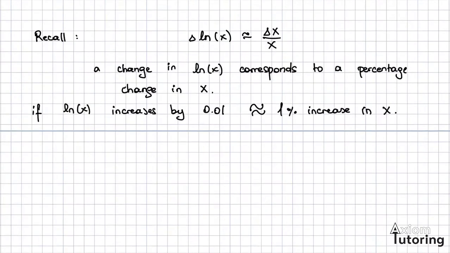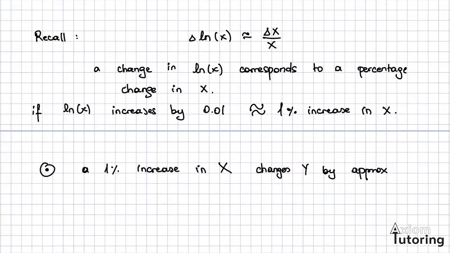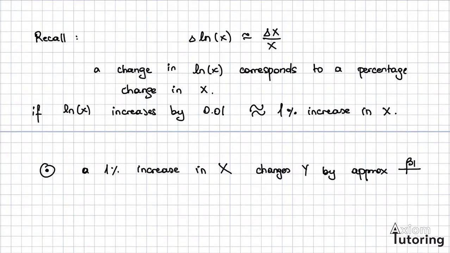So then what is the interpretation rule? In the level-log model, the interpretation will be as follows. A 1% increase in x changes y, or is associated with a change in y, by approximately beta 1 over 100 units.